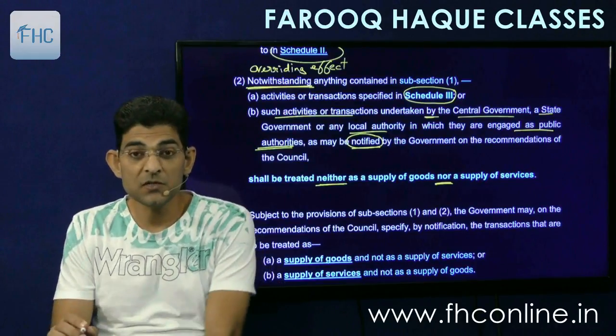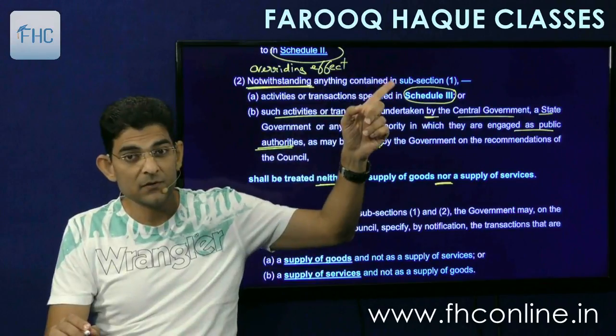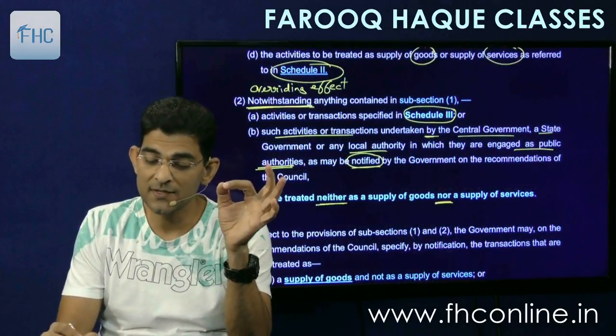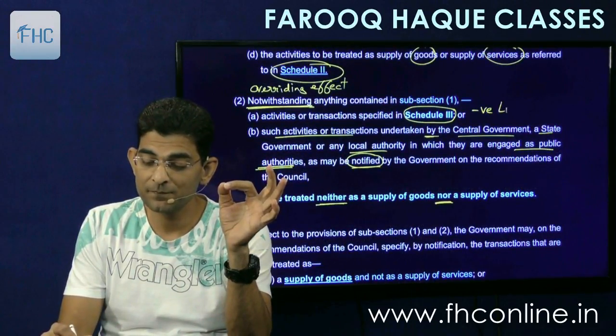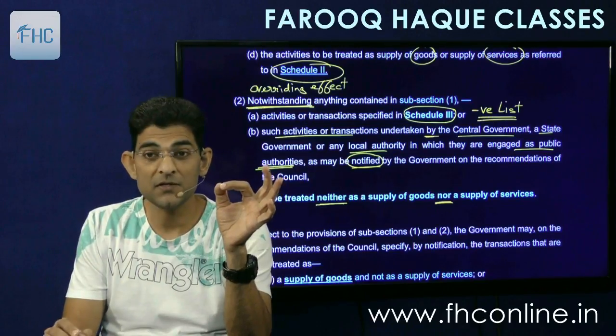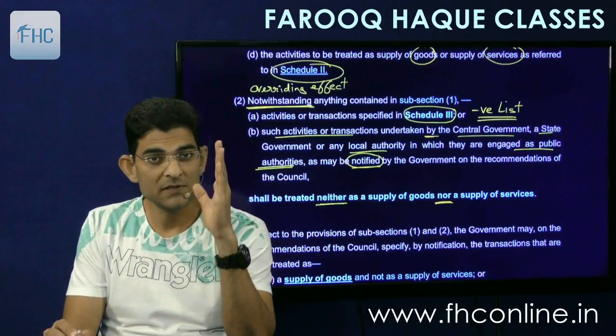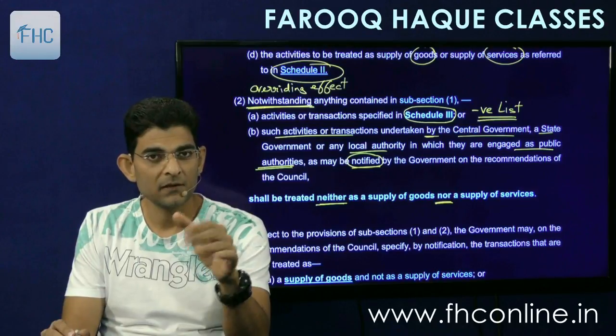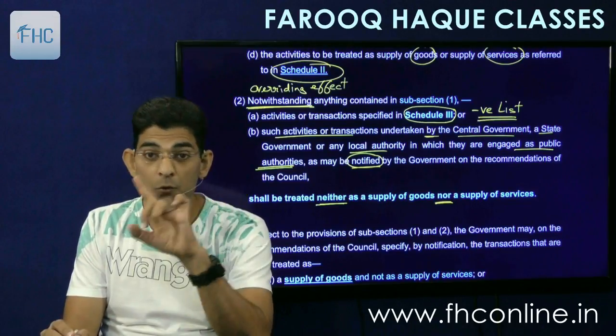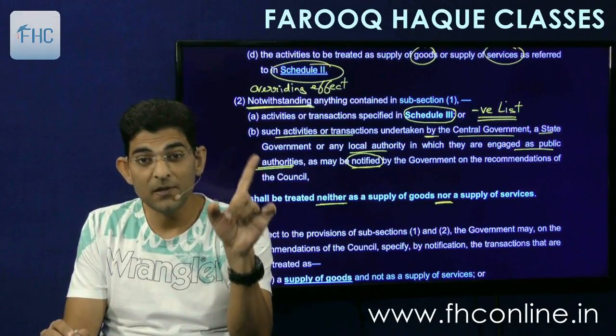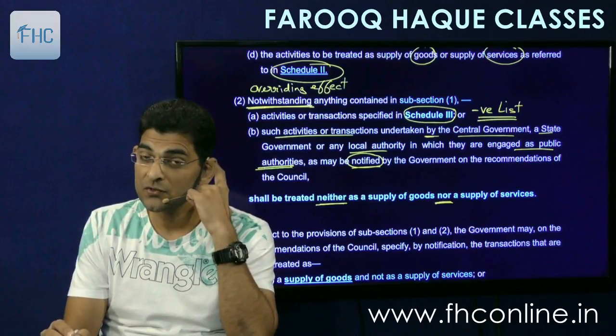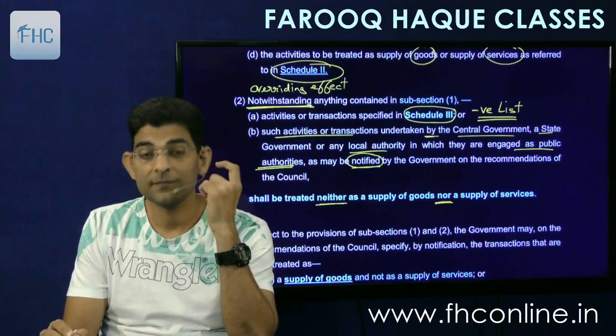So transactions which are given in schedule 3, number 1. Schedule 3 we call as negative list. We'll go to schedule 3, we'll see all the transactions mentioned there. They will be called as negative list, means no GST is leviable on these transactions. No levy.